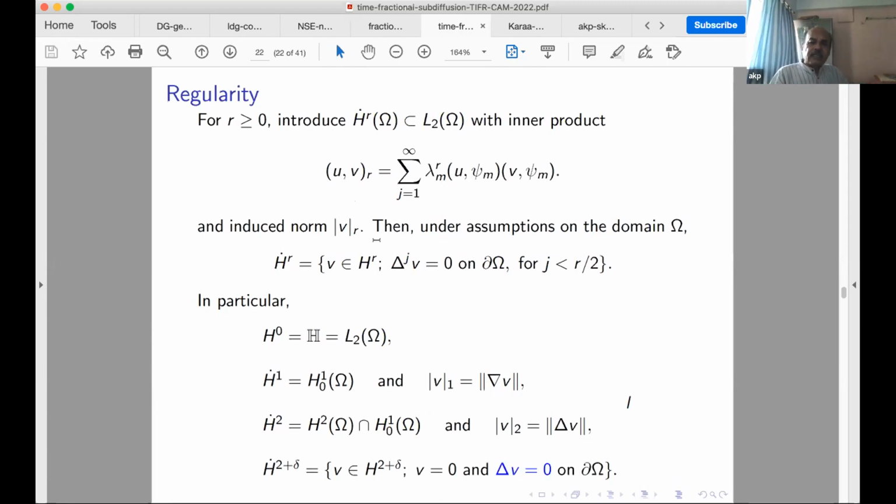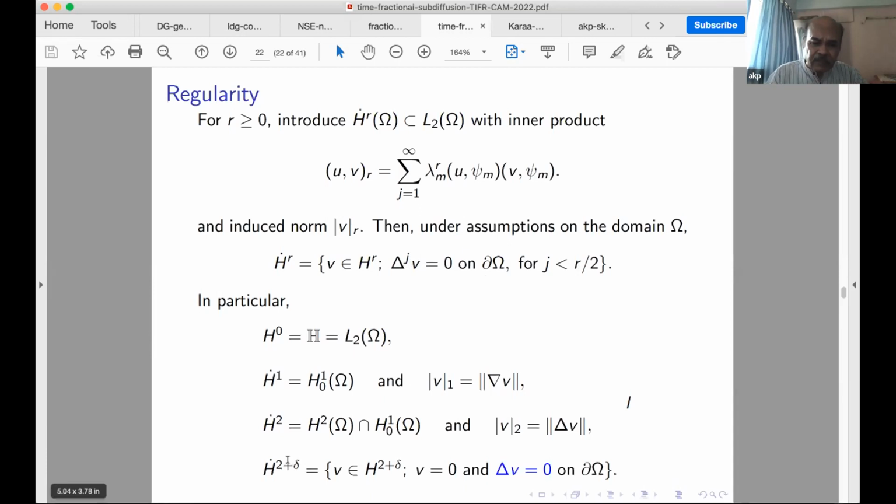But what relation does it have with the standard Sobolev spaces? The standard Sobolev space of order R, S dot R, is the set of all elements v in H^R such that the Laplacian to the power j of v vanishes on the boundary, and j is equal to R by 2. Well, if you are not familiar with this, don't worry about that.